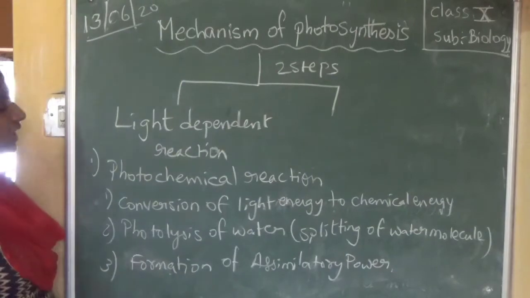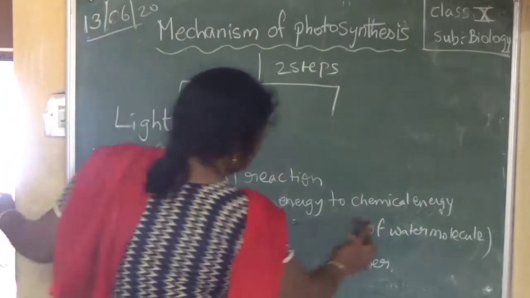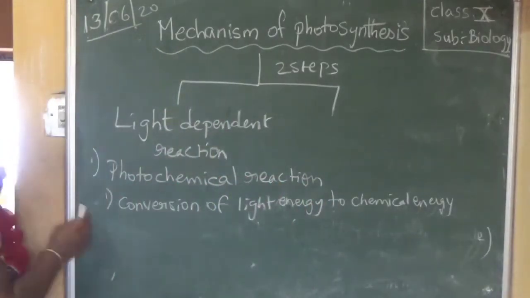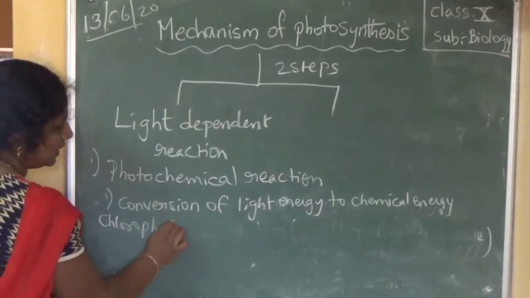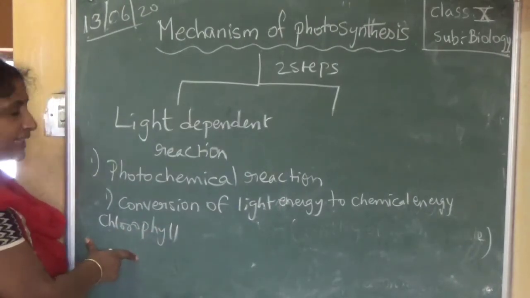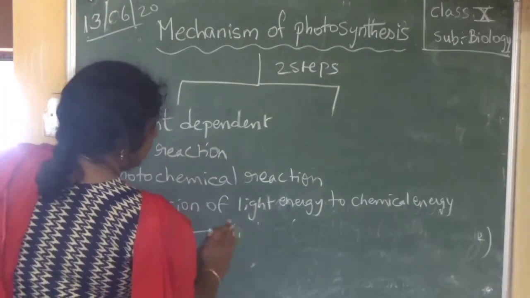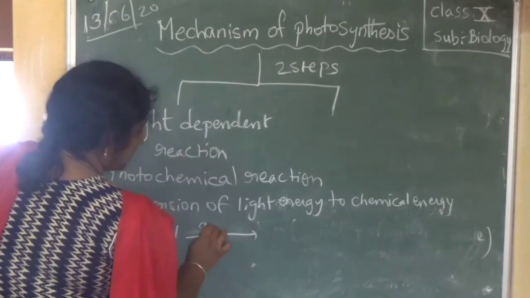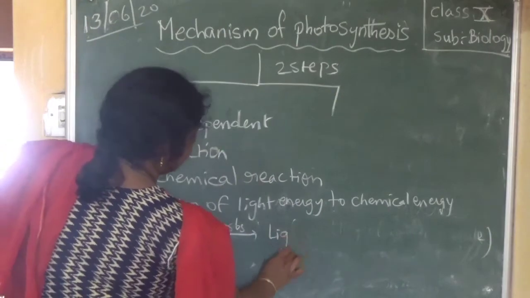First step, conversion of light energy to chemical energy. So what happens in this step is the chlorophyll which is present in the grana molecule absorbs the light energy and becomes activated.